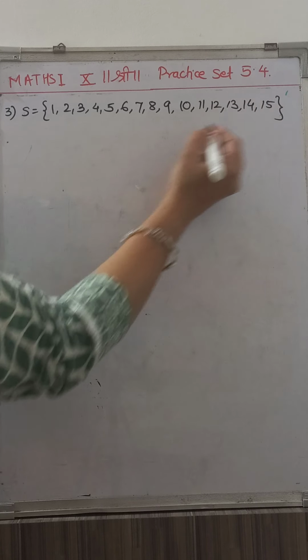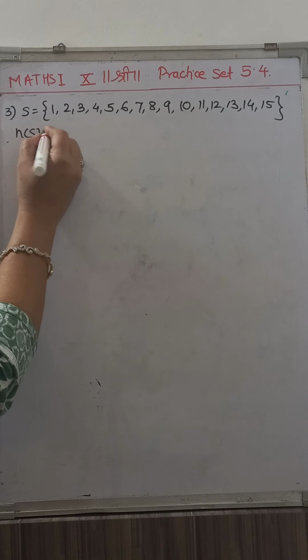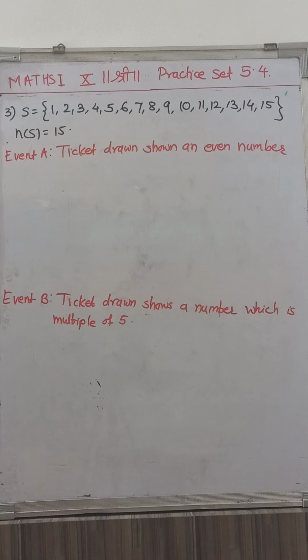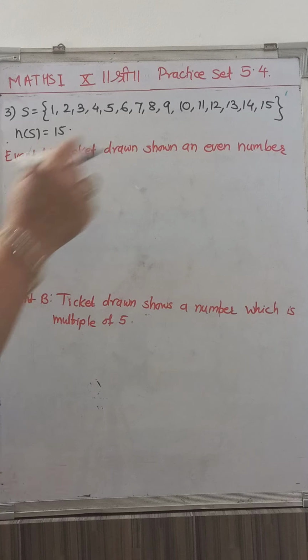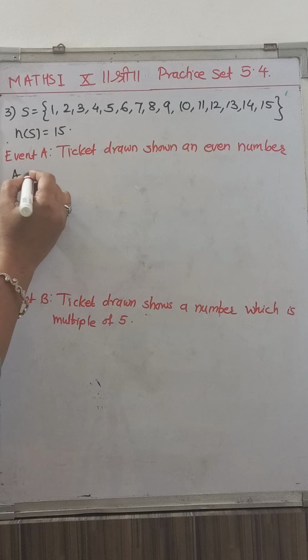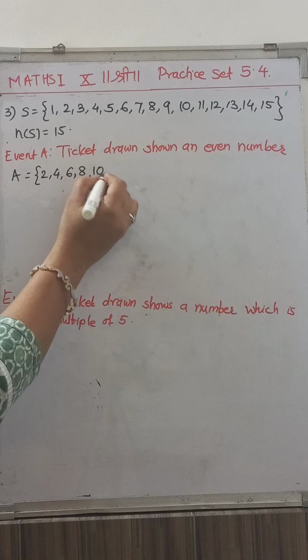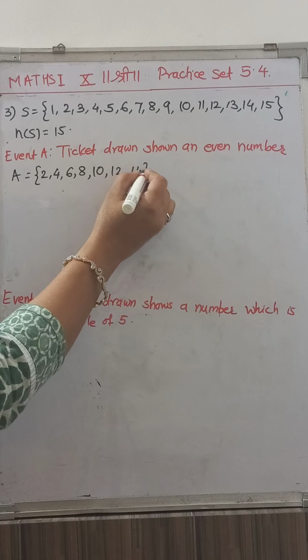And therefore N of S is equal to 15. Now event A is ticket drawn shows an even number. So which are the even numbers? Ticket drawn shows an even number, and therefore A is equal to 2, 4, 6, 8, 10, 12 and 14.